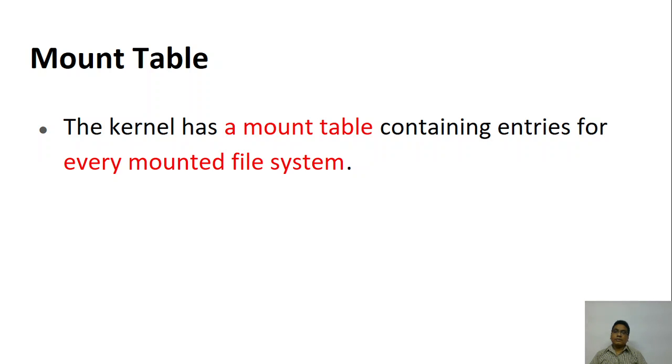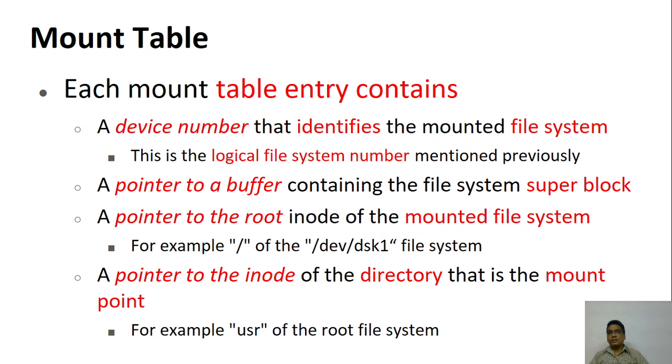Okay, whenever we create a mount, the Unix file system creates a mounting table that contains a lot of entries. These entries include the device number, that is the number that identifies the file system, that is the logical as well as the physical unit, that is a major number and the minor number.